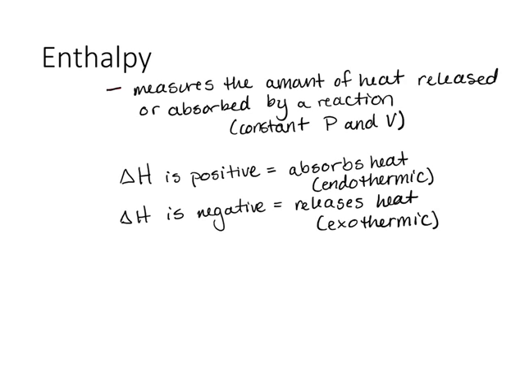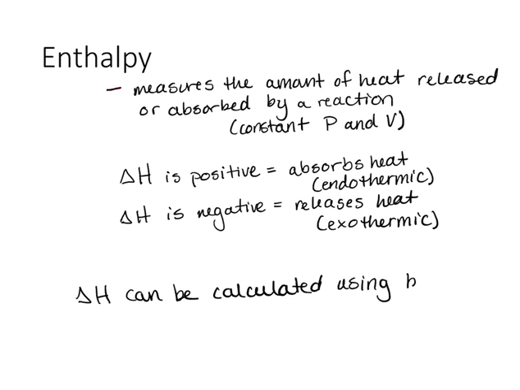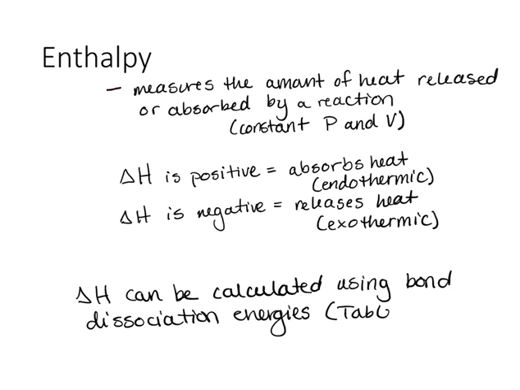Now, there are a couple of different ways you can calculate enthalpy, but we're going to stick with the easier way to calculate it. So delta H, or enthalpy, can be calculated using bond dissociation energies. And you can find these in table 6.1 of your textbook.